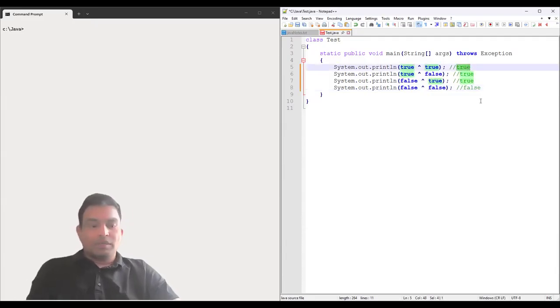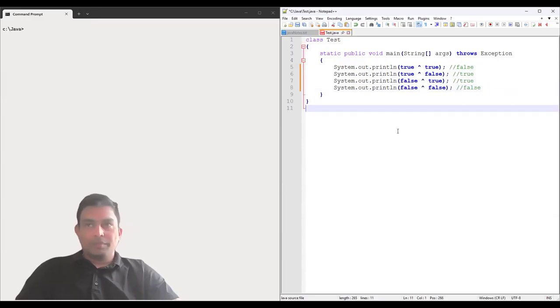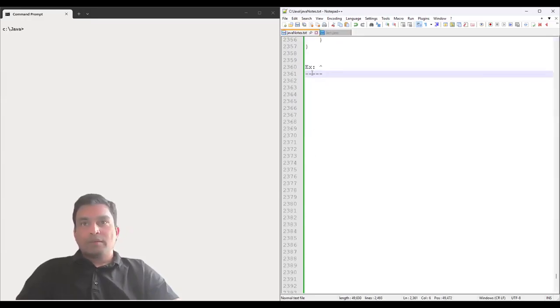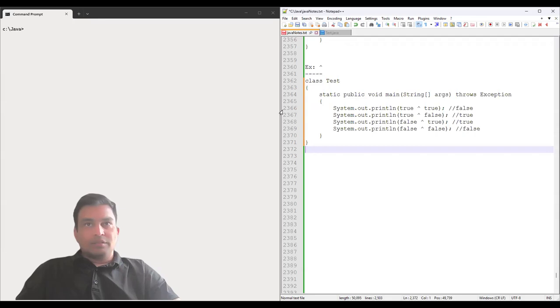So both of them are in the same state, so it's false. Both of them in different state, so it's true. Both of them in different state, so it's true. Both of them in same state, so it's false again. Let's execute this example. It's going to be false, true, true, false.